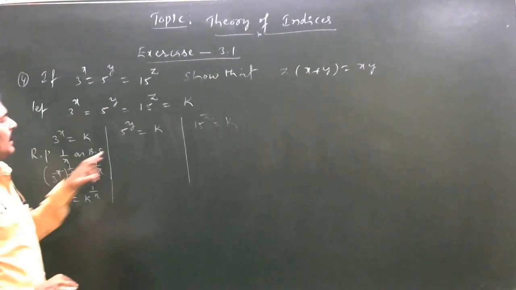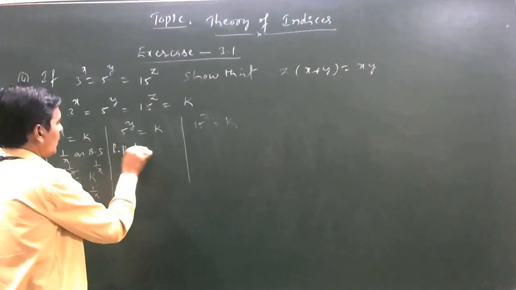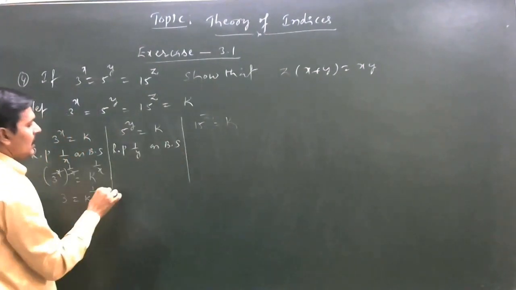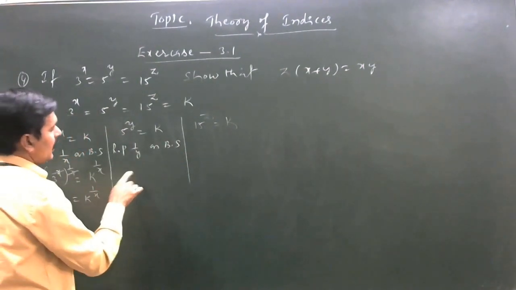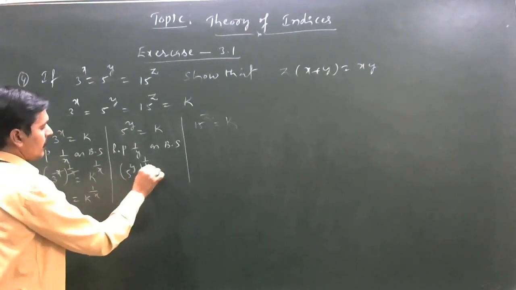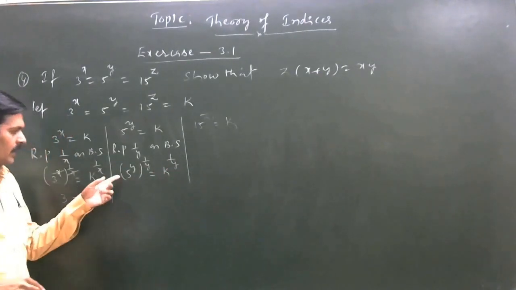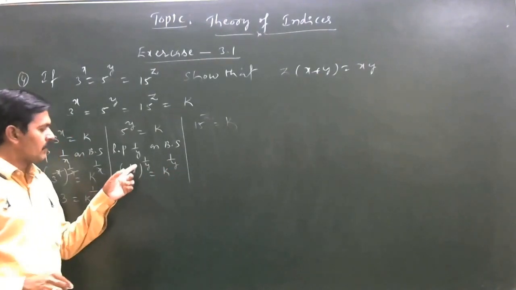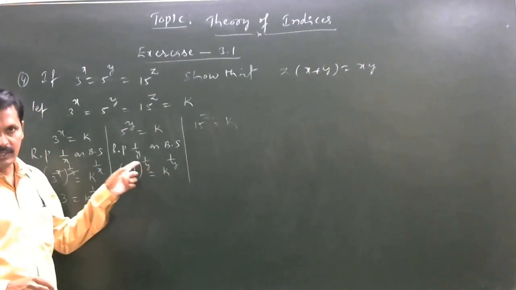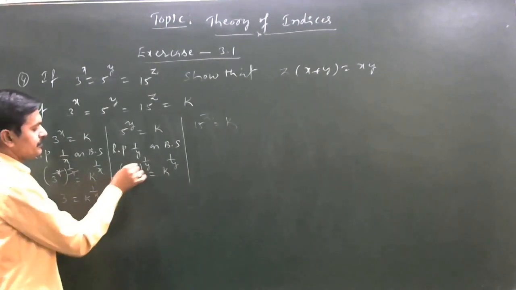Similarly, raise to the power 1 by y on both sides. Here (5^y) whole to the power 1 by y equals k^(1/y). Applying the basic law of indices, (a^m)^n is a^(m×n), y into 1 by y, the y gets cancelled.